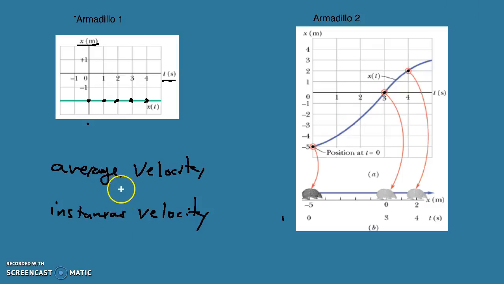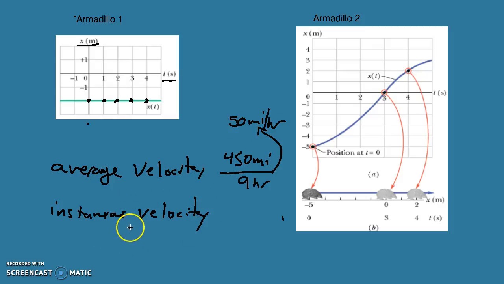Okay, and so if it's about 400 miles, let's say it's 450 miles. Well, if it's 450 miles and it took me about 9 hours, then my average velocity, the average rate that I was traveling, would be 50 miles per hour. Okay?